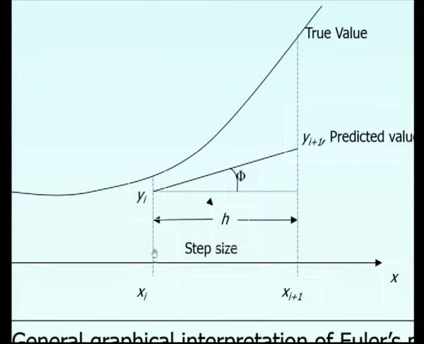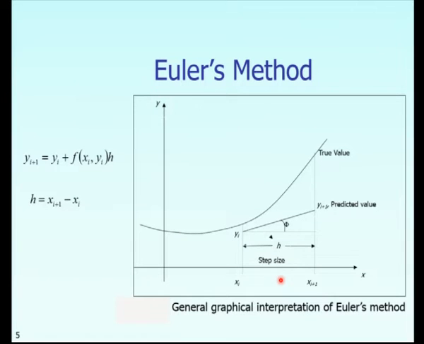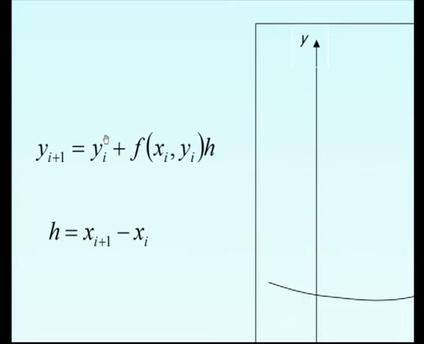So, we take the tangential approximation: this tangent line, where it meets this vertical line, is the approximate solution y I plus 1. Euler's method is given in terms of a general point: knowing y I, the previous approximate value of y at the x ith point, and the corresponding f value at that point, and h the step size, we compute the present value.